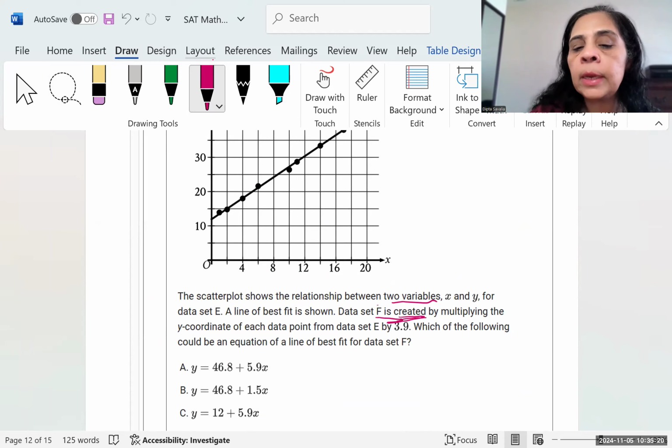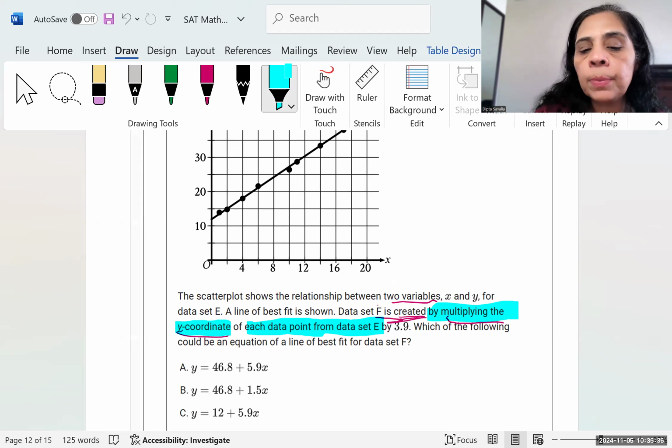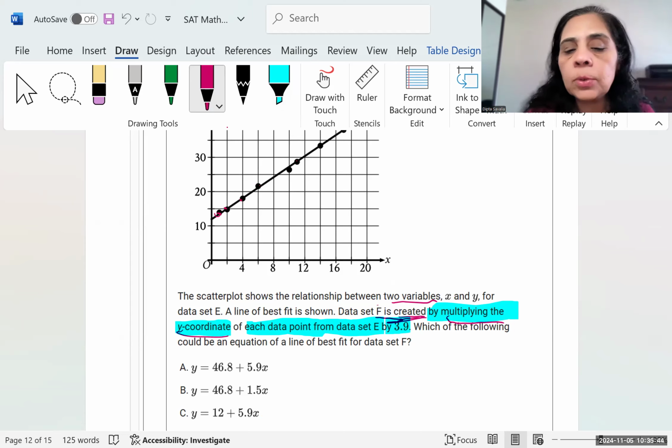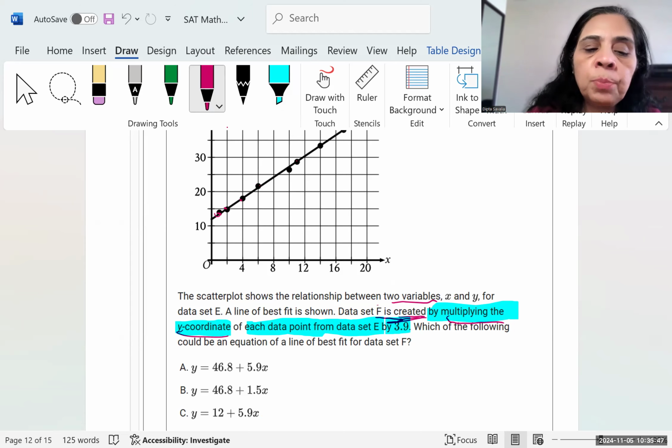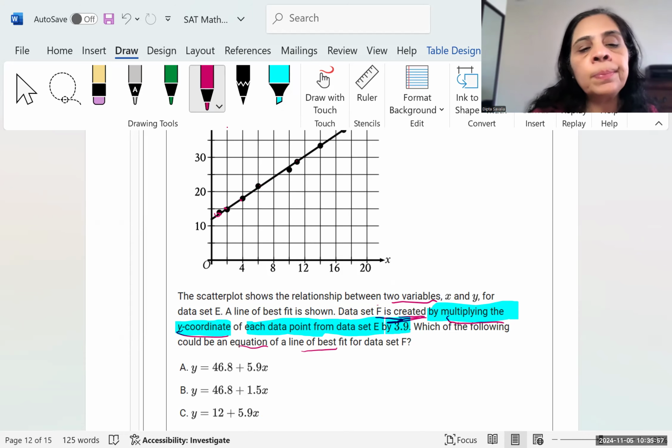F is created by multiplying the y coordinate of each data point from data set E by 3.9. So whatever y value we have, they are multiplying by 3.9. That's what they're saying. Which of the following could be an equation of the line of best fit for data set F?